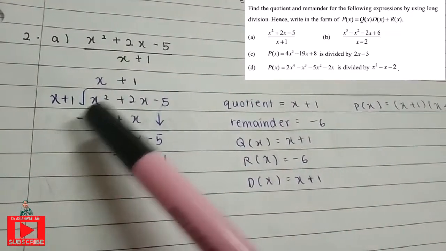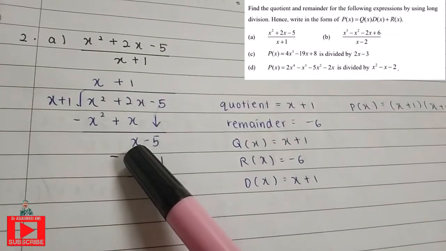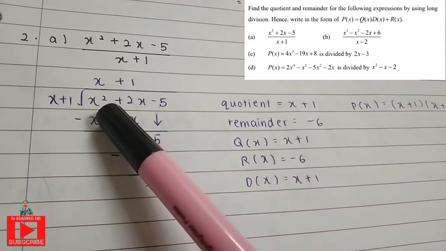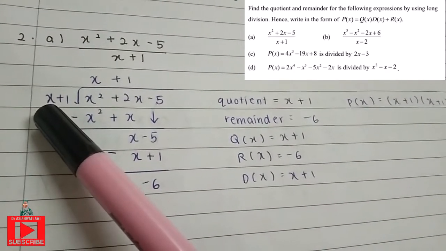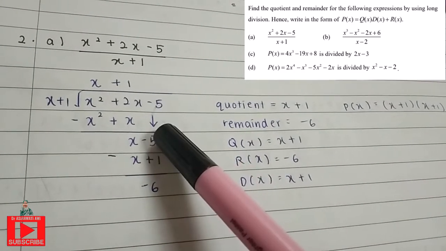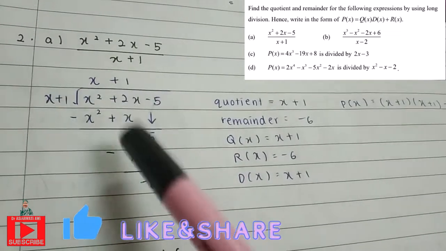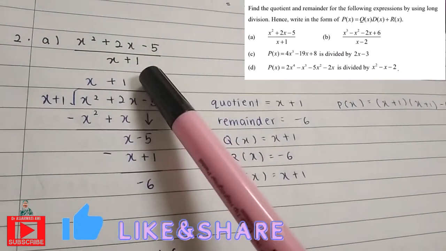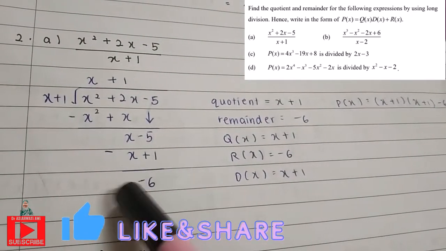So x squared minus x squared is 0, 2x minus x is equal to x, and we do the same thing like the first, x divided by x, so we get 1, right? So we put here plus 1, and then we bring down the negative 5, and then we take 1 multiplied by x back, we get x, right? 1 multiplied by 1 will get 1, so we subtract, and we get the final answer negative 6.